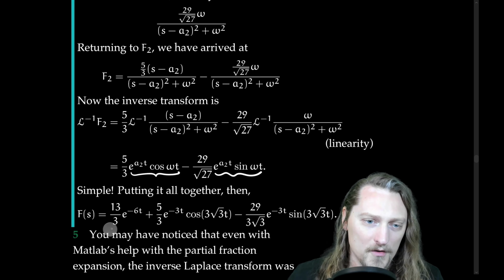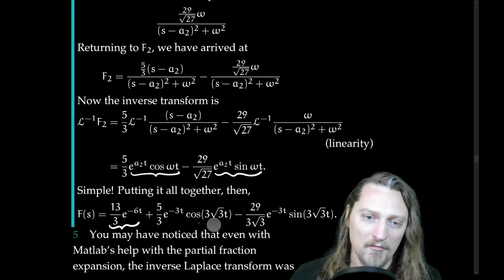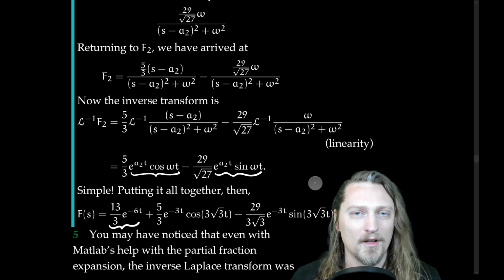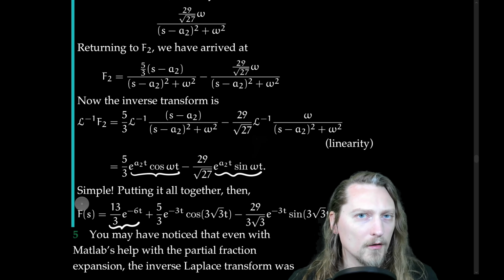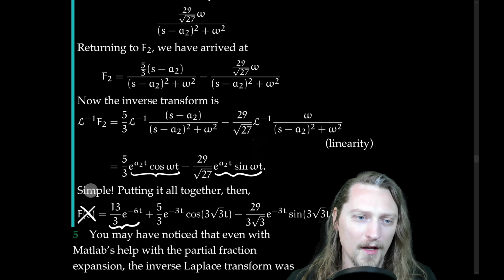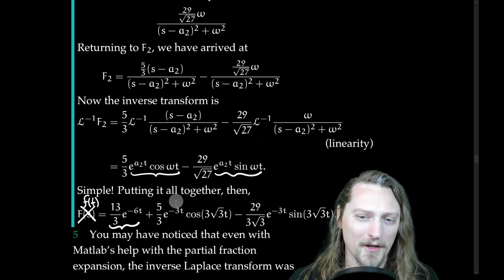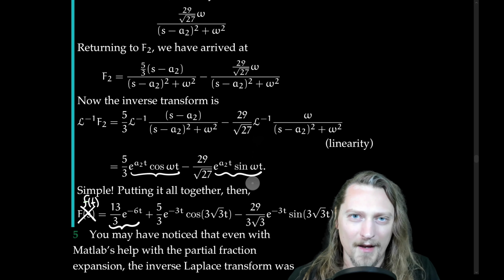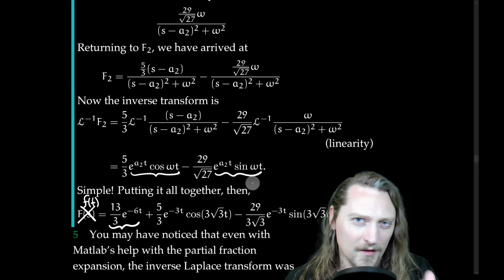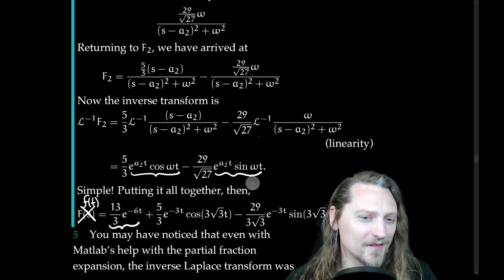And so we get that first term that we got plus the inverse transform of F2. Uh-oh. This is clearly wrong. It's not F of s, it's a function of time, right? F of t. Okay. I'd like to say that was on purpose to see if you caught it. Totally a mistake on my part.